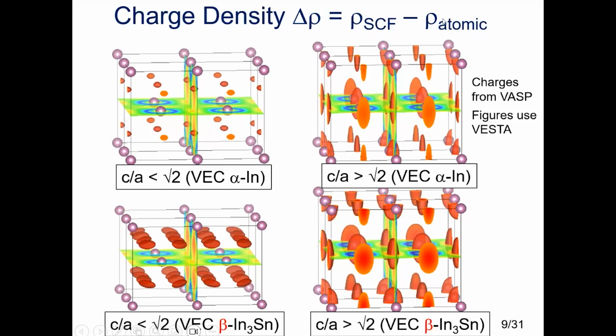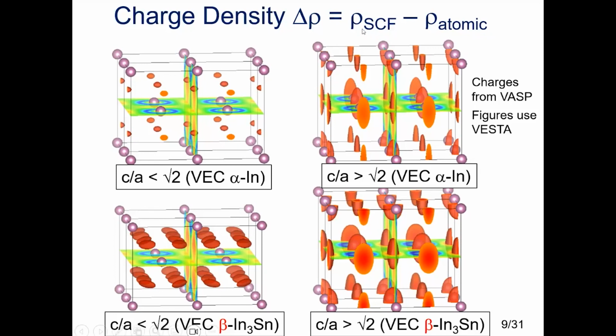When we carry out these calculations, we start off assuming that the charge density is nothing but the superposition of independent atomic charges. And then we carry out the self-consistent electronic structure calculation to solve the Kohn-Sham equations.